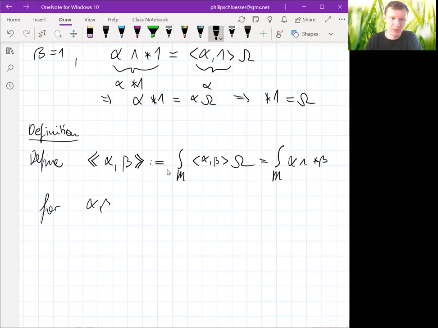So for alpha and beta in the set where that integral is indeed defined, I guess we would like it to actually be a scalar product now, so maybe it would be nice to just consider the Riemannian case.